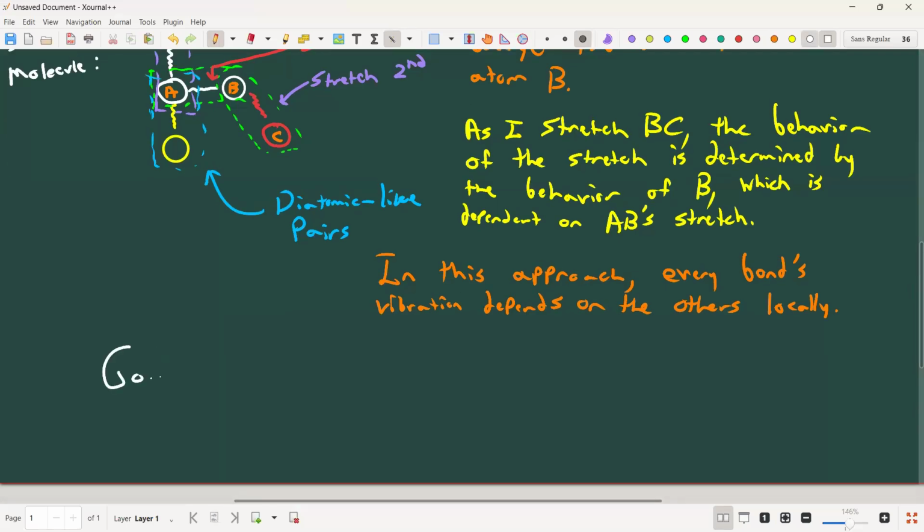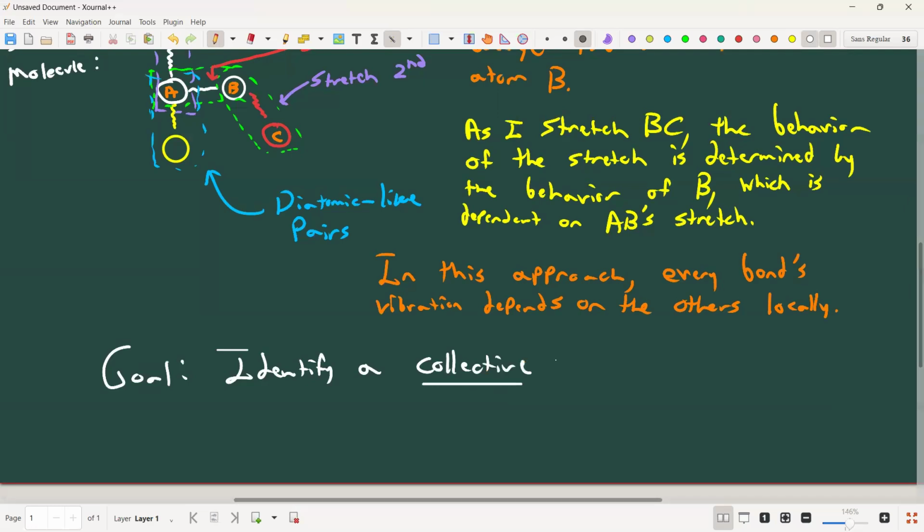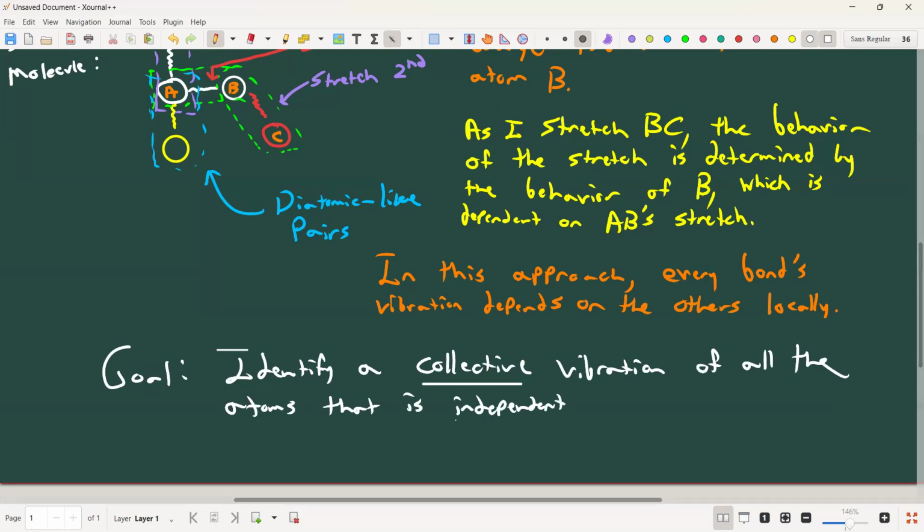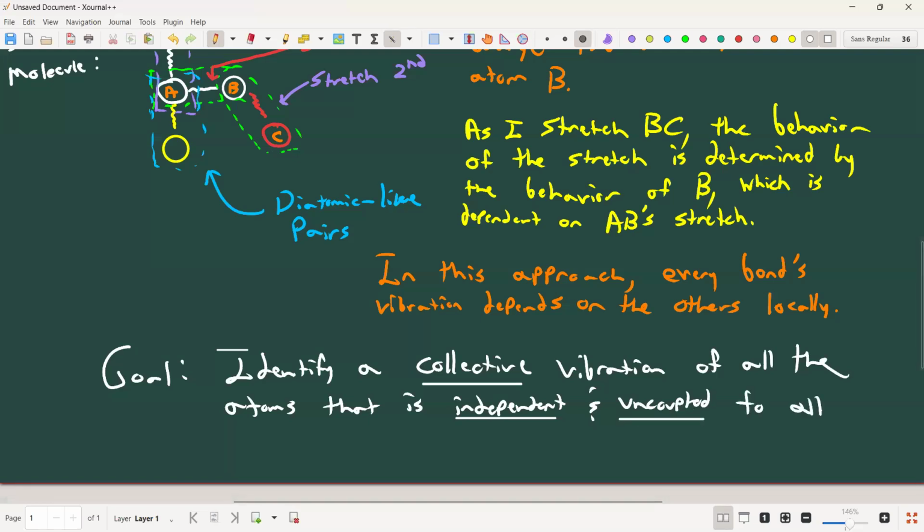So the goal is to identify a collective vibration of all the atoms that is independent and uncoupled to all other collective vibrations.